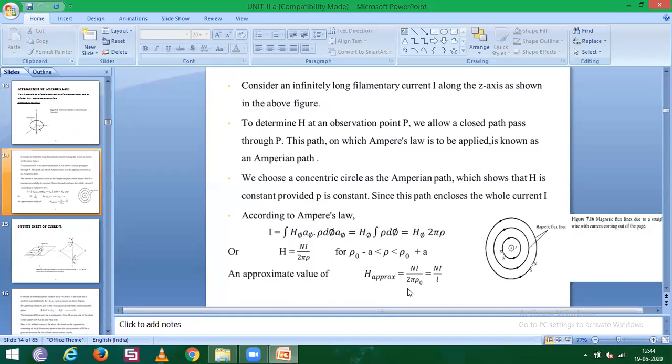Same with electrostatics also, right? If it is a limited length of line charge distribution, we have to take Coulomb's law. For infinite lengths, we can conveniently use Gauss law or Ampere circuital law in the static electric field and static magnetic field respectively. Otherwise, if it is infinitely large, we have to use only these.